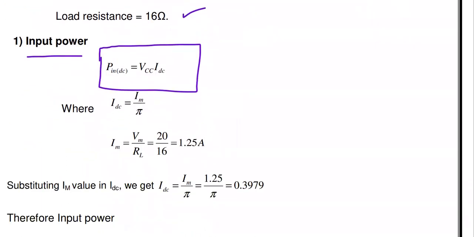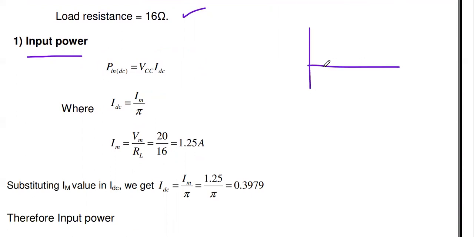This is a class B power amplifier, so the output waveform is a half-wave rectified signal, since the transistor conducts for only 180 degrees. So the average value of the DC current, IDC, equals IM by pi.